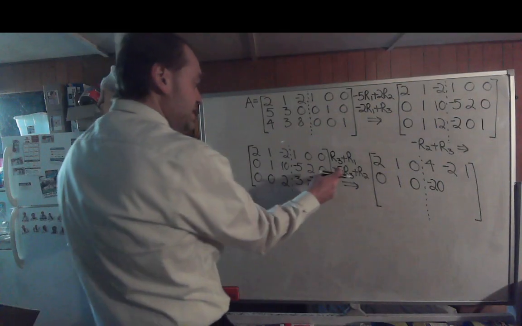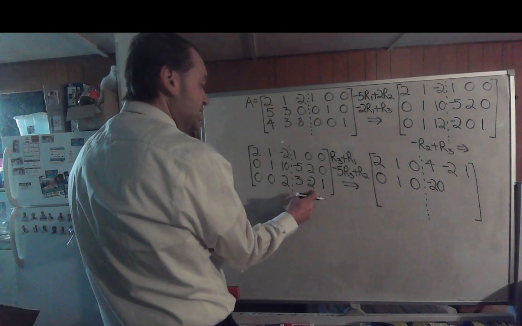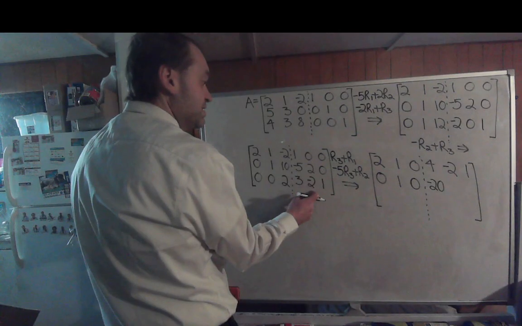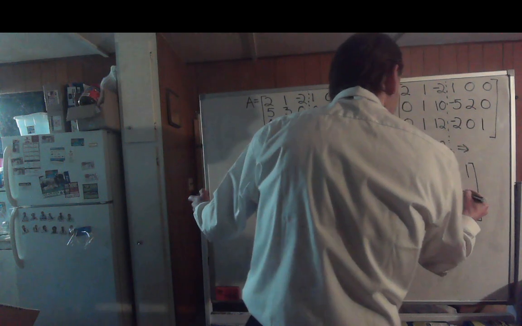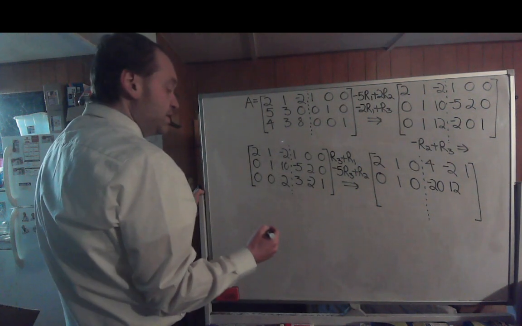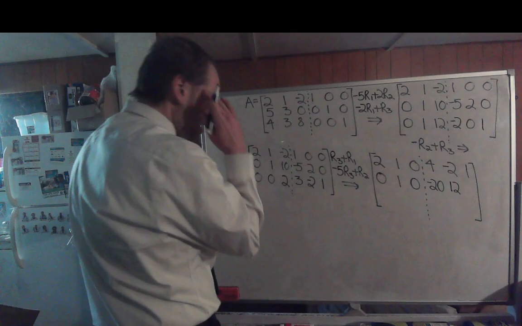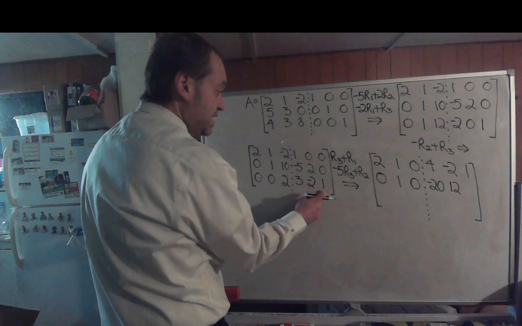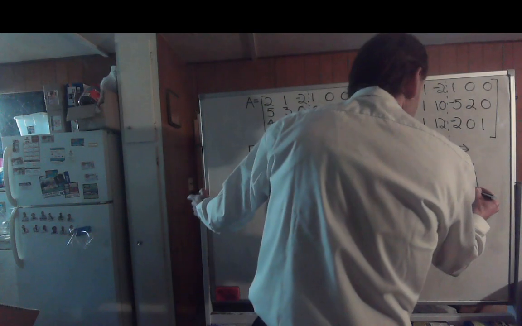And then we have negative 5 times negative 2 is positive 10, plus 2 is 12. And then we have negative 5 times 1 is negative 5, plus 0, that's negative 5.